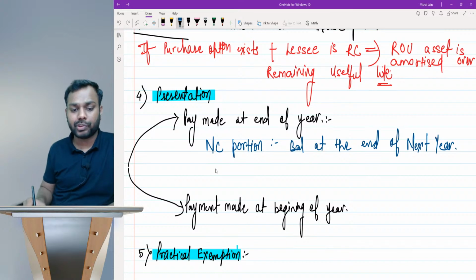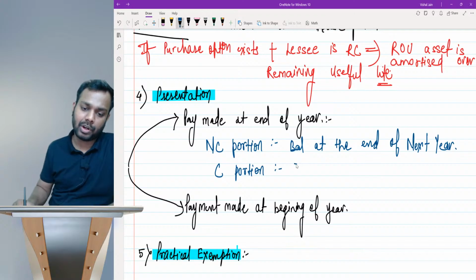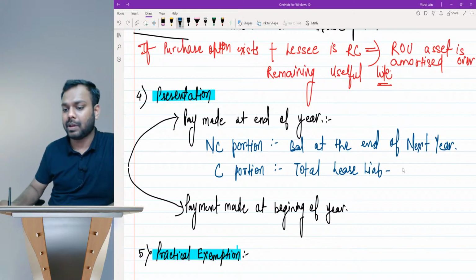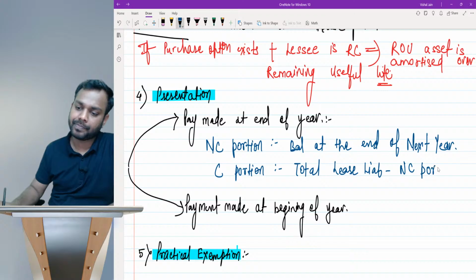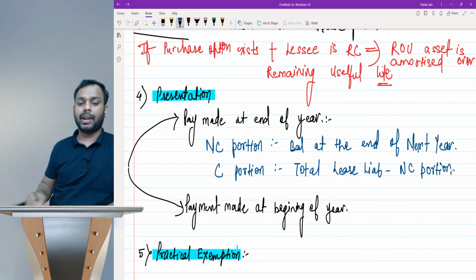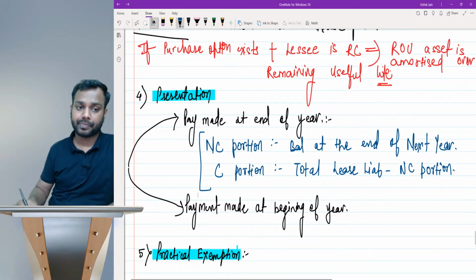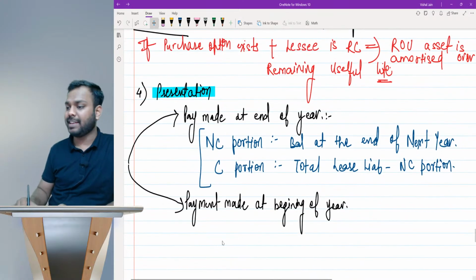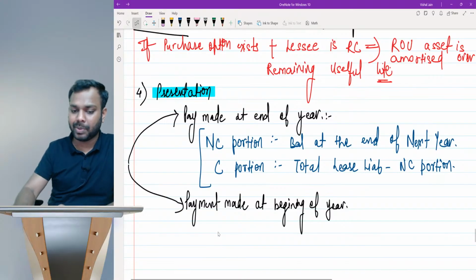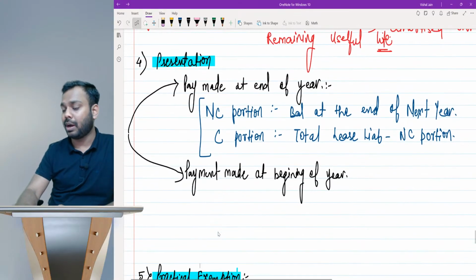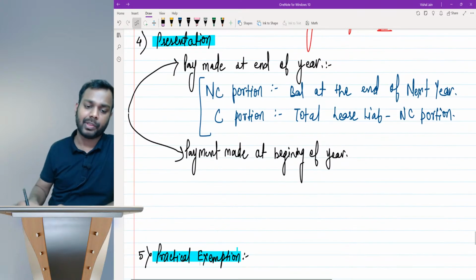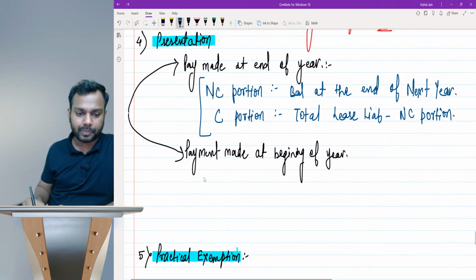And what is your current portion? Your current portion is your total lease liability minus the non-current portion. Now, if the payments are to be made at the beginning of the year, I have already explained the logic in the class, right? Now I cannot explain it, because explaining the logic itself will take half an hour or 1 hour. So we cannot explain the logic now.